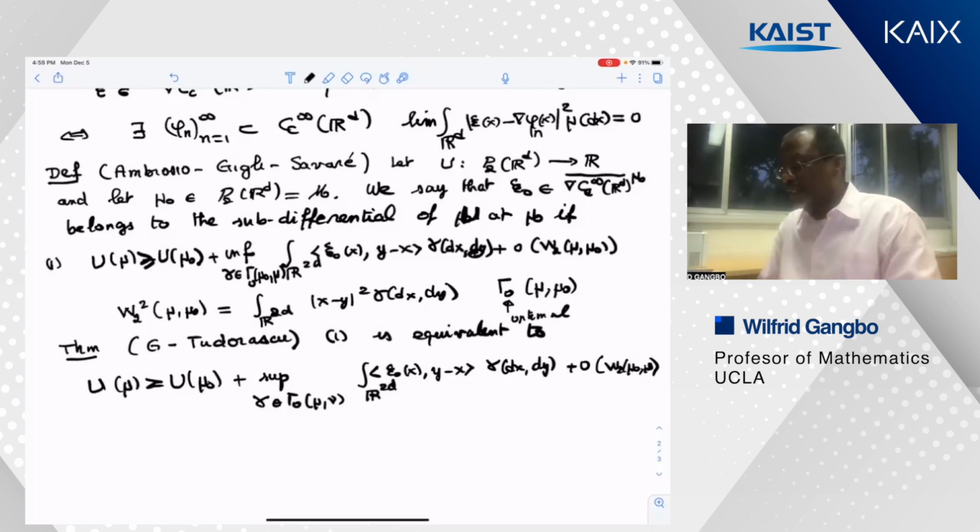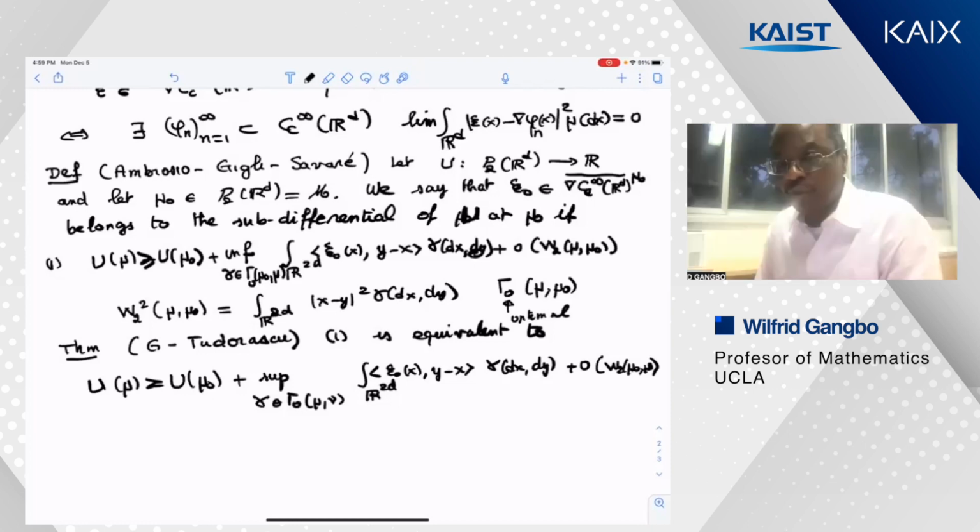So I am saying that in one, instead of minimizing over the set of gamma which are optimal, I can take any gamma. I want to give you an idea why this result is true.